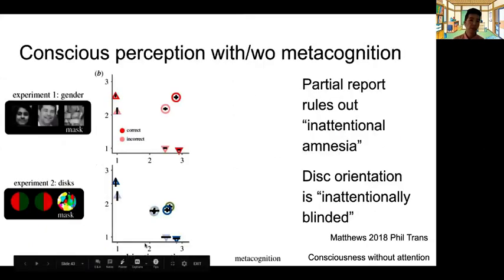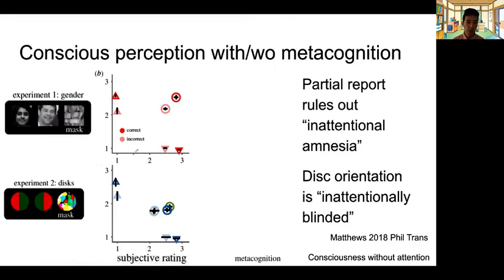So here's the result. Before going into the type 2 analysis, first we want to show the confidence rating. The x-axis and y-axis are the confidence rating for the central task and the peripheral task. In the case of face, when subjects are correct, their confidence rating is higher than when incorrect, for both the central task and the peripheral task.